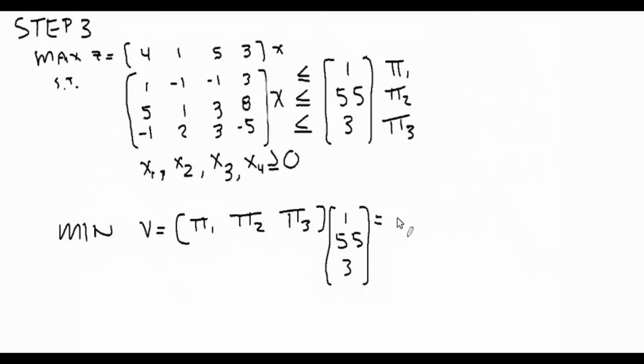And that is just pi sub 1 plus 55 pi sub 2 plus 3 pi sub 3. And that's our dual objective function.